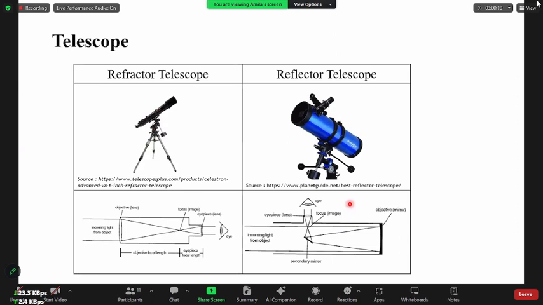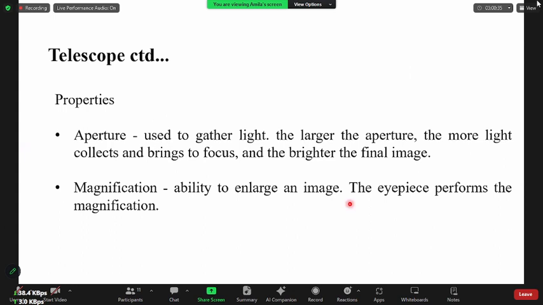For telescopes and microscopes, I'm not going into that much detail. I will share very good YouTube videos regarding telescopes and microscopes, and you can refer to those.